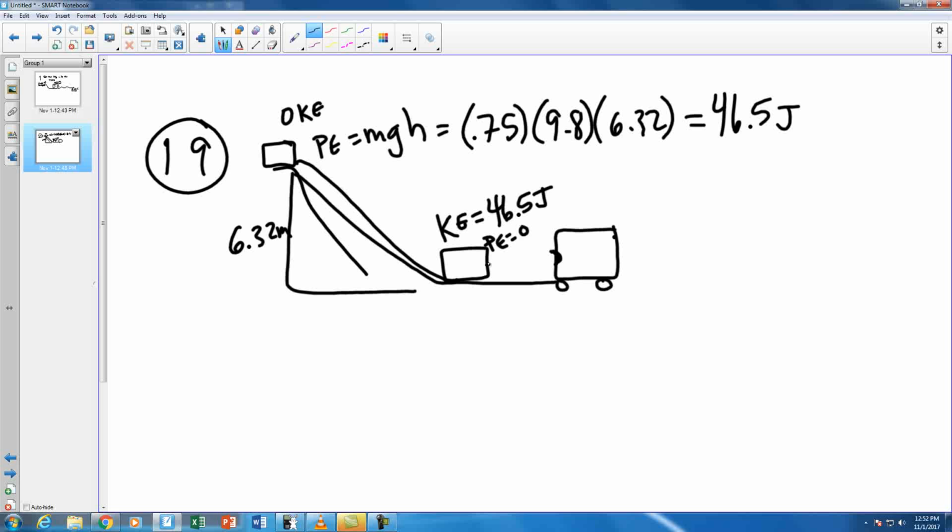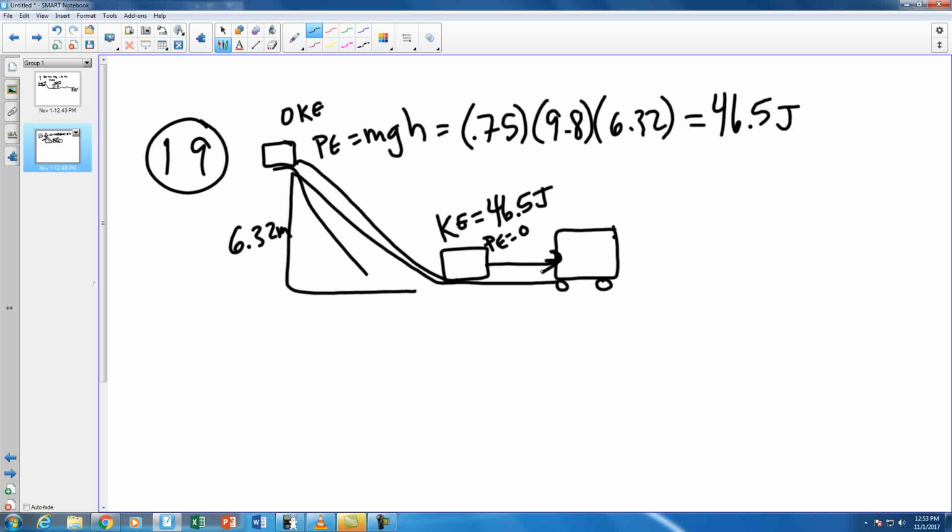Now, as this cart runs into the car, the cart's going to do work on the car, they're going to interact with each other, and we're going to notice that all of the energy in the cart goes away because it stops. And so the question we have is, if the cart slams into the car and stops, how big of a dent would it have created?